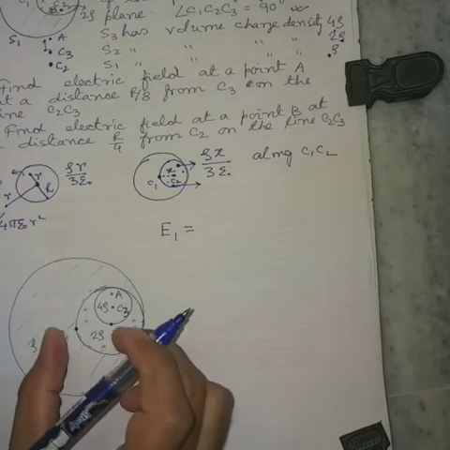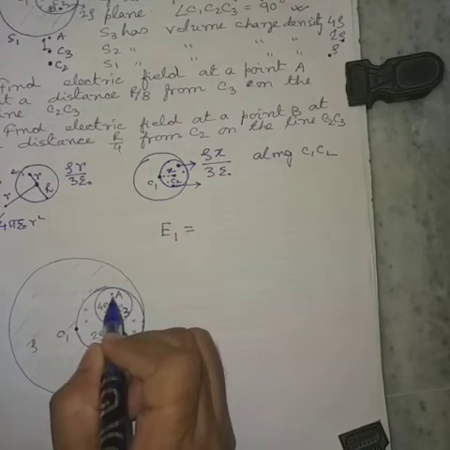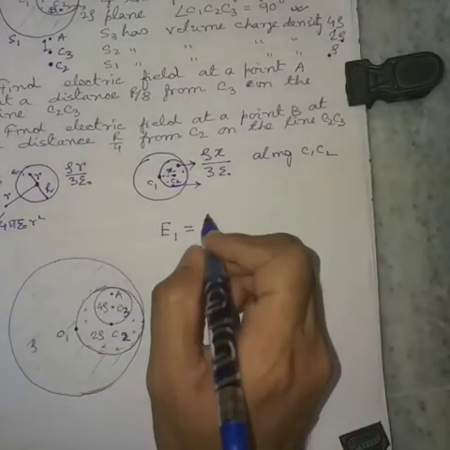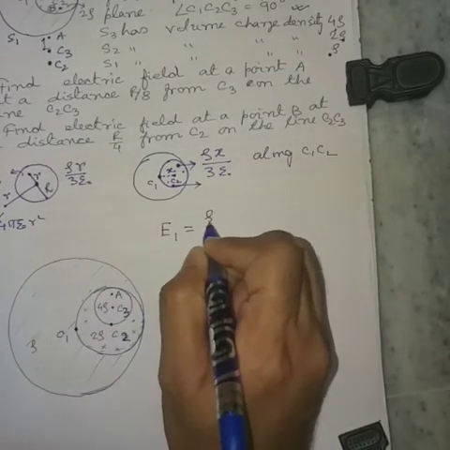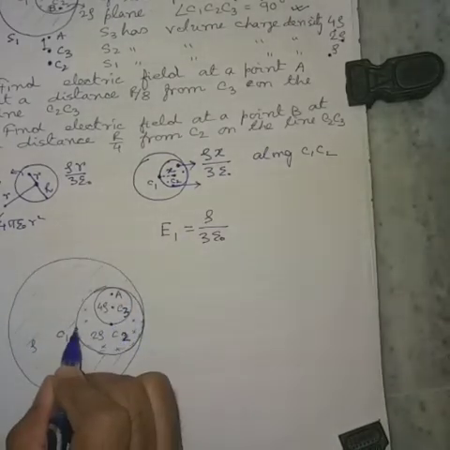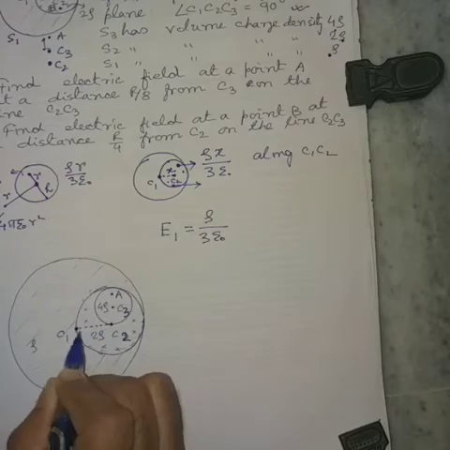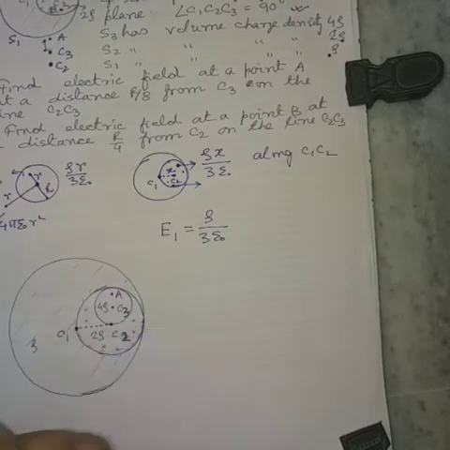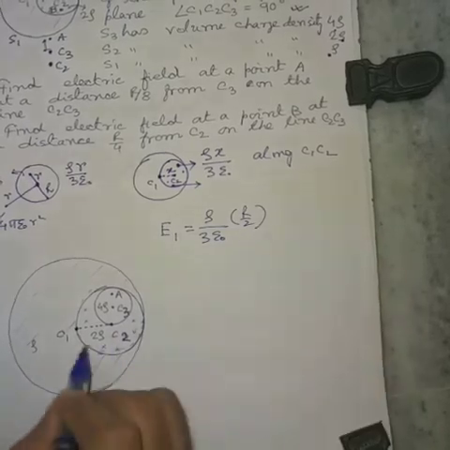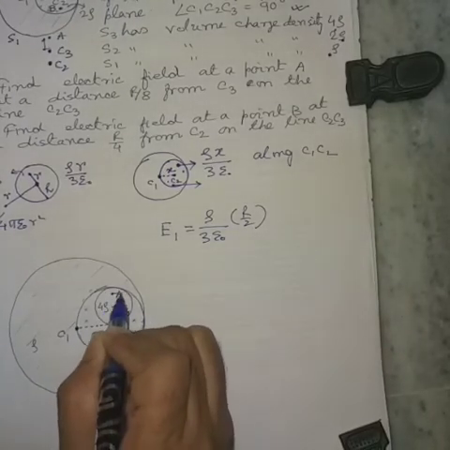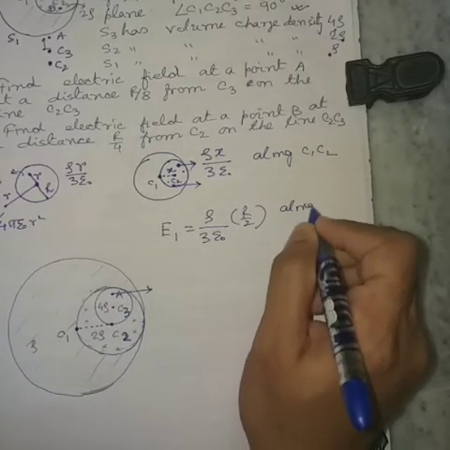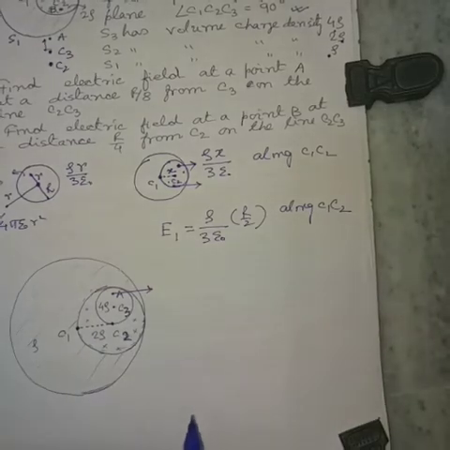Therefore, you can say that electric field at any point inside the cavity using this formula will be rho by 3 epsilon naught, and the distance between center of the sphere and the center of the cavity here is r by 2. This will be r by 2, and it will be directed along C1 C2.